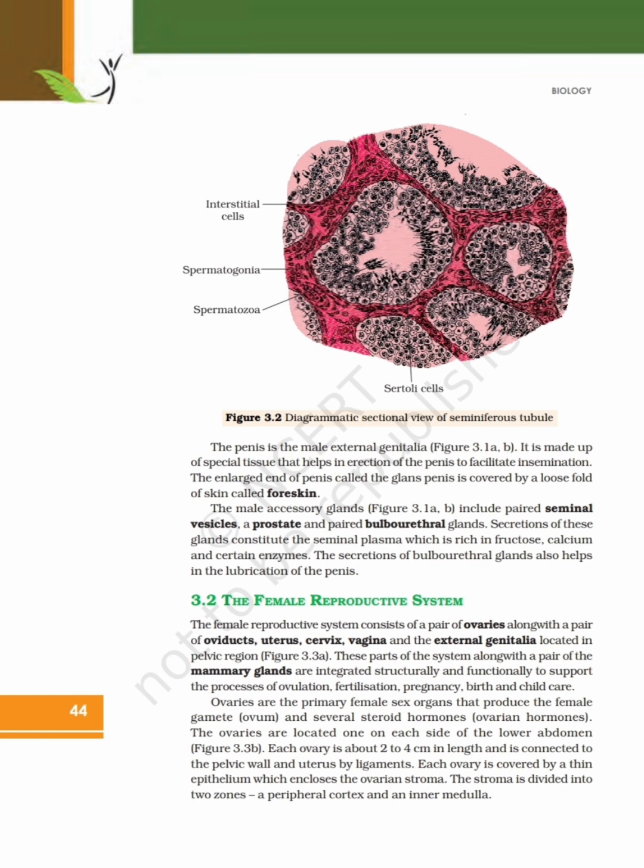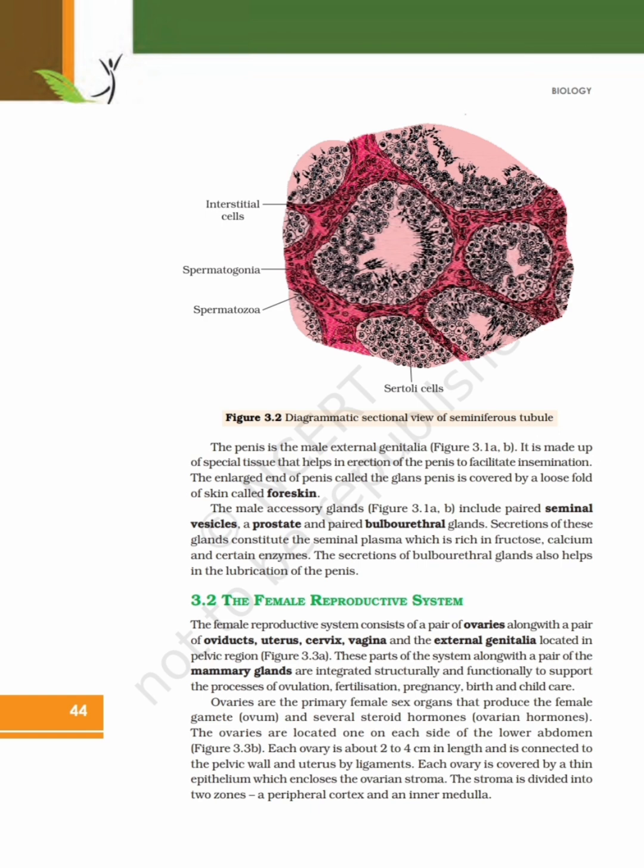Okay. Now the secretion of all these glands, that is the seminal vesicle, prostate gland and bulbourethral gland, together forms seminal vesicle. Sorry, not seminal vesicle, seminal plasma. Okay, this contains calcium, fructose, and some enzymes.